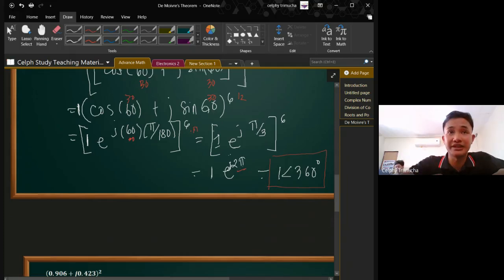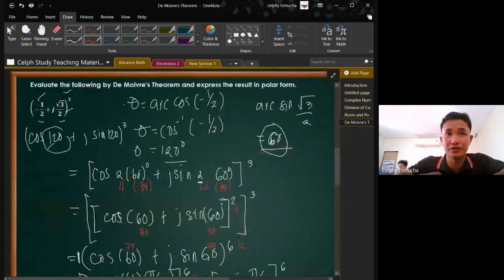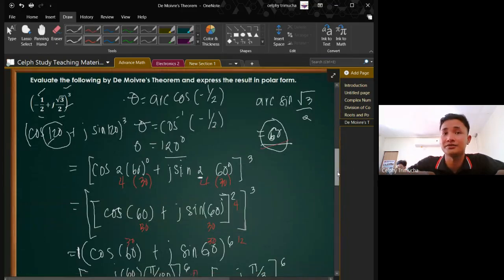So 12 times 30 is 360 divided by 180, which is 2 pi, the same answer. So whatever division you use or whatever angle value you use, as long as you obey De Moivre's theorem, we get the same answer.